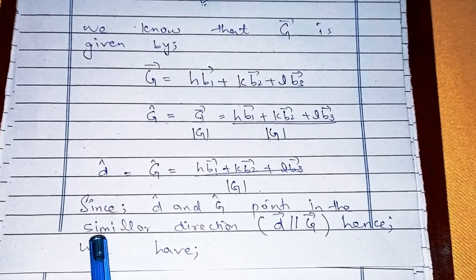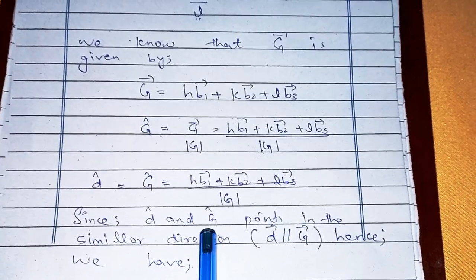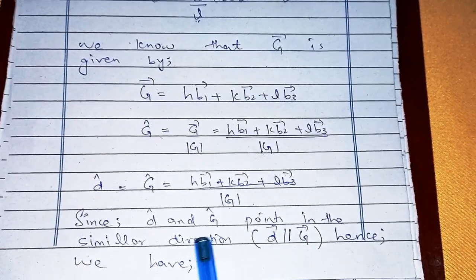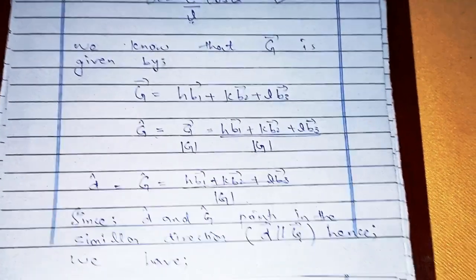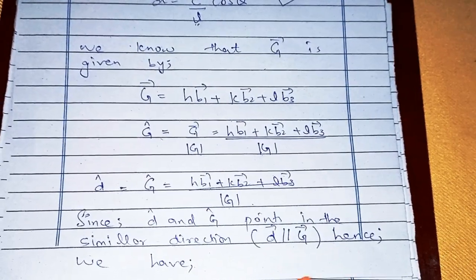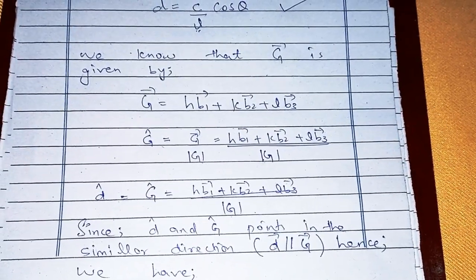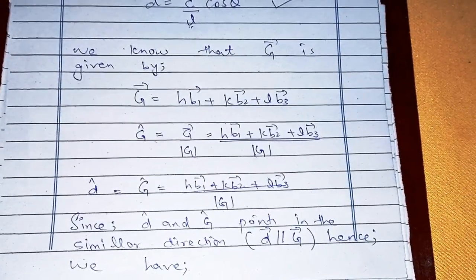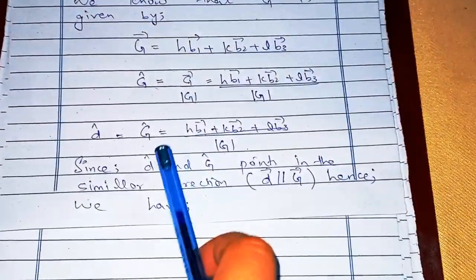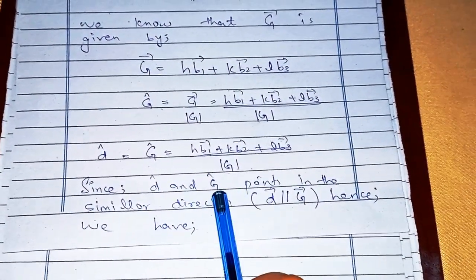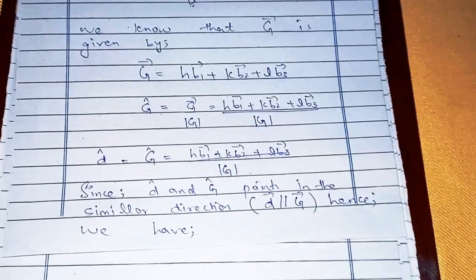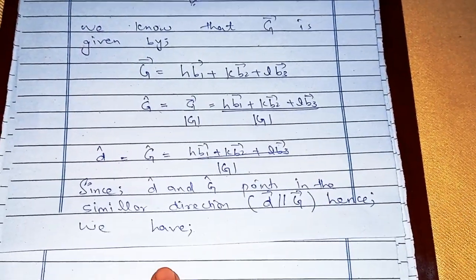Here we have stated that d and g unit vectors are in the similar direction. It means the unit vectors are equal to each other, and keep in mind that the unit vector only represents direction. It doesn't say anything about the magnitude of the vector. Hence we can put the unit vector of d and the unit vector of g, since they represent the similar direction, equal to each other.